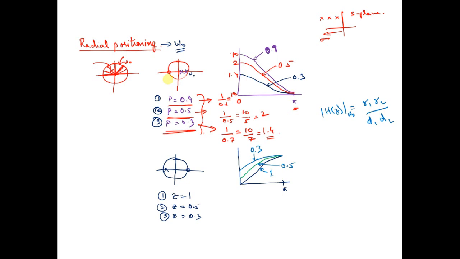In a similar way, if you look at the zero, where the zero is equal to 1, 0.5 and 0.3, we will have gain due to the zero. At 0 it will always be 0, but at pi, what will we have?